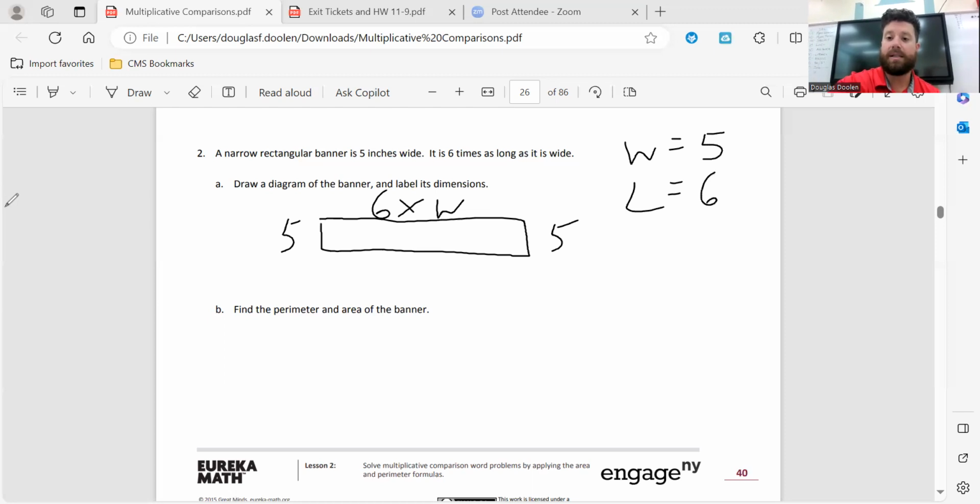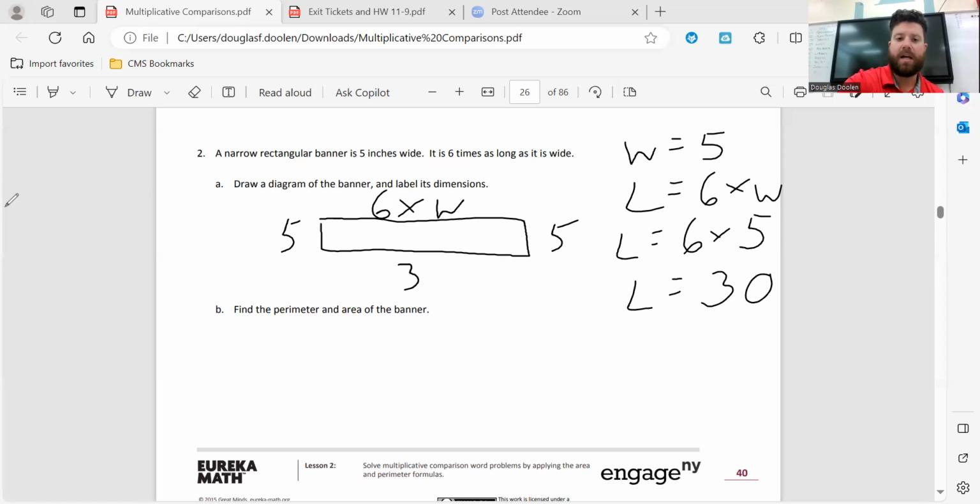Length equals 6 times W. Well, what's W? 5. So it's 6 times 5, which means that length is 30. So then just to keep this all similar, at the bottom I'm going to put 30 because we have 6 times W on the top. We have 30 on the bottom. That way we have everything labeled.